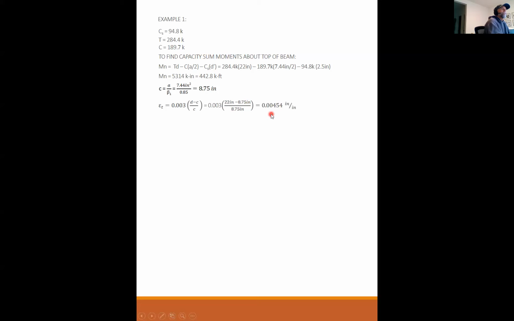And I get 0.00454. That is less than 0.005. Since epsilon sub t is less than 0.005, then according to table 21.2.2, phi is 0.65 plus 0.25 times epsilon t minus epsilon ty, that's the yielding strain, over 0.005 minus epsilon ty.